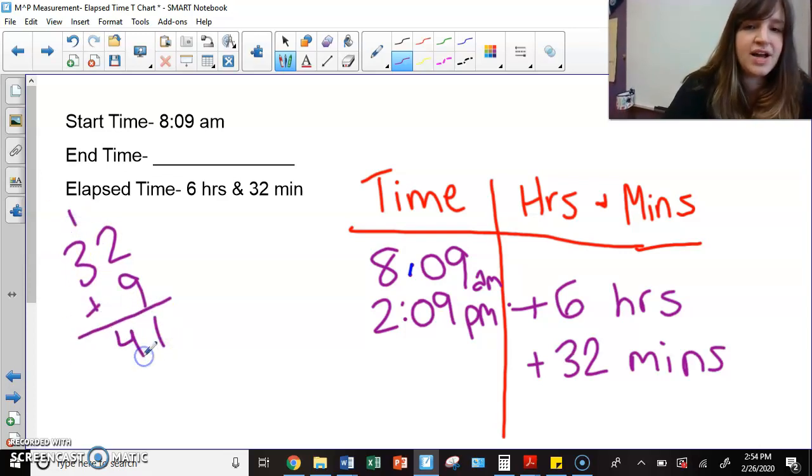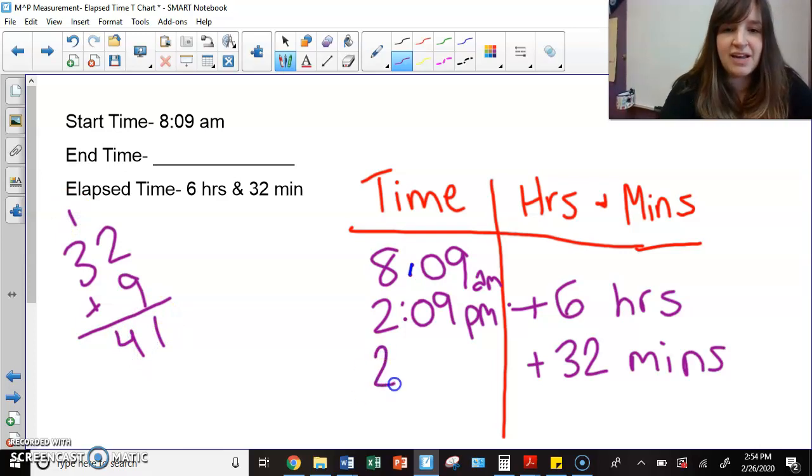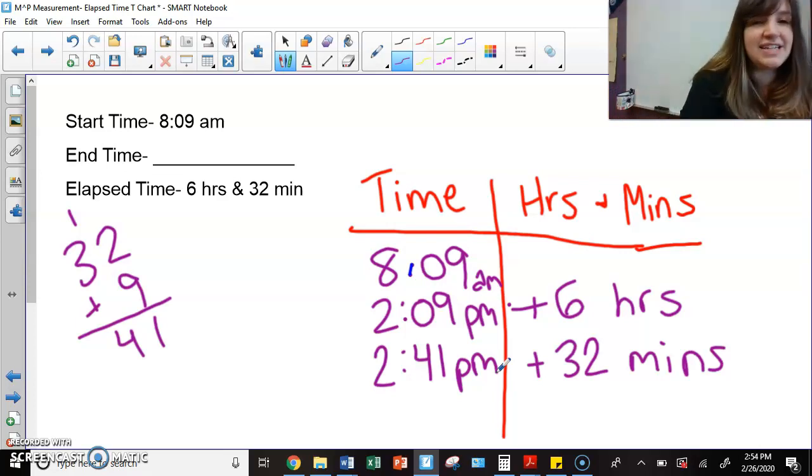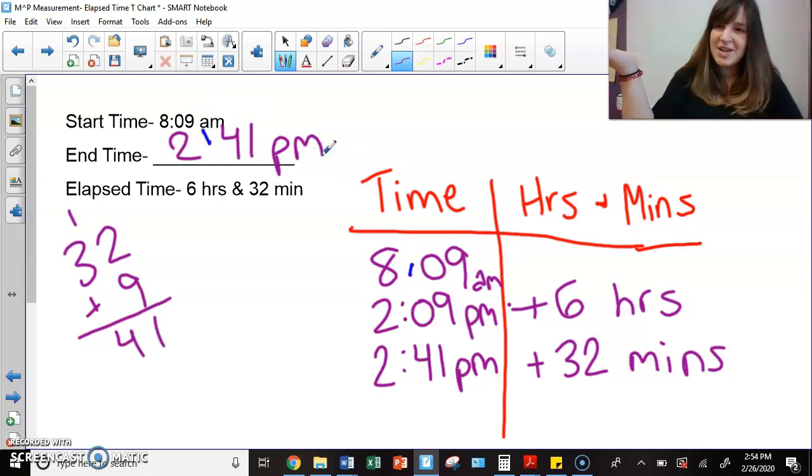So I get 41. So that would mean my 2 stays the same, and I would have 2:41 p.m. And that's it. I've added my hours, I've added my minutes. So my ending time would be 2:41 p.m.